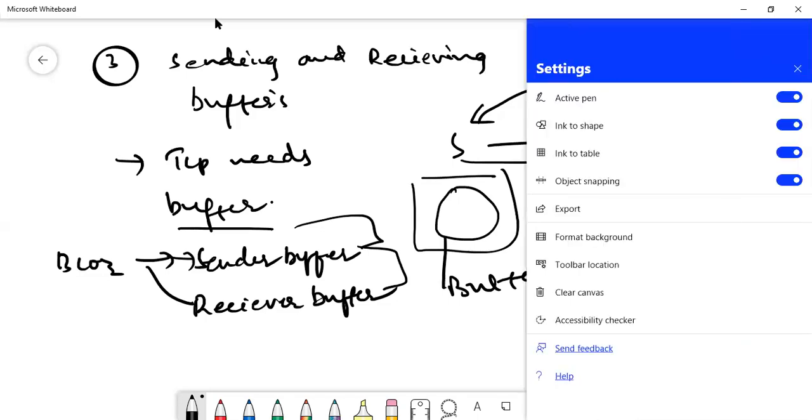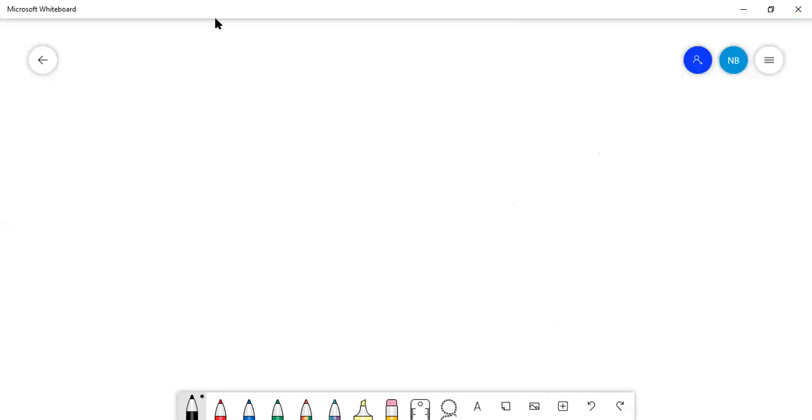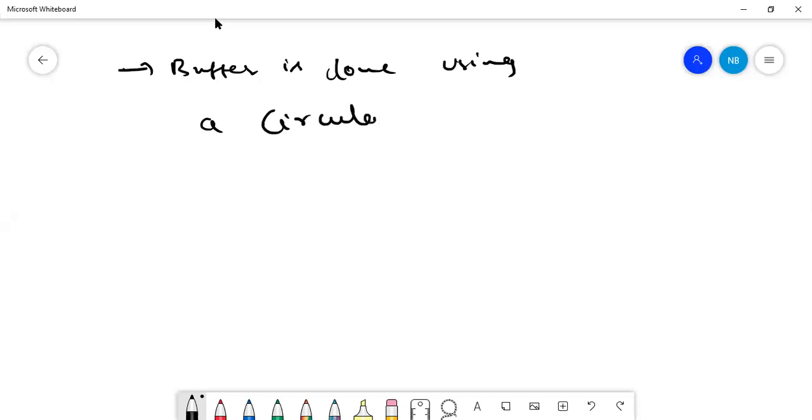How will these buffers be implemented as part of the sender process or receiver process? The implementation of these buffers is done using a circular array. A circular array is used inside the sender as well as the receiver.